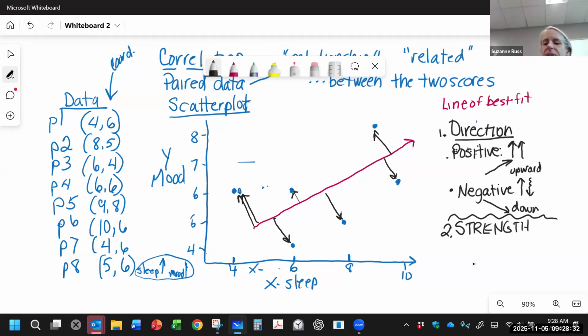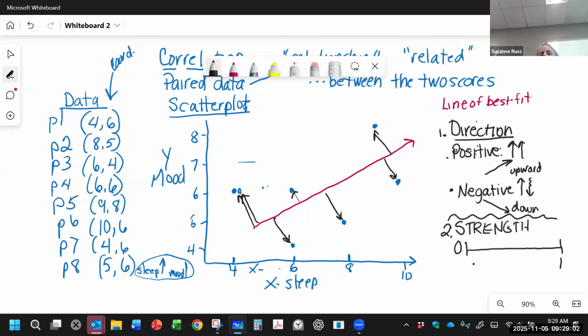Then we would end up having an indication of the strength, and the strength is indicated on a scale from 0, meaning these points are just forming a big cluster and we can't tell anything about them. And the very strongest we could get is a 1. In a 1, every single point would be exactly on that line.